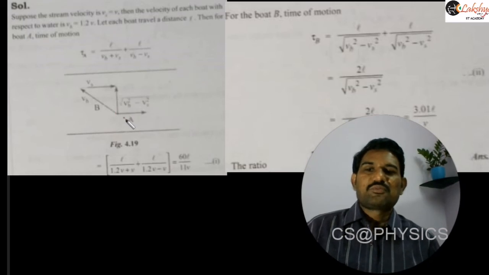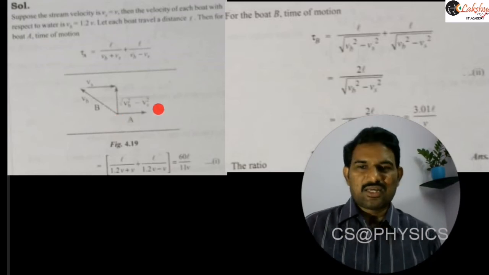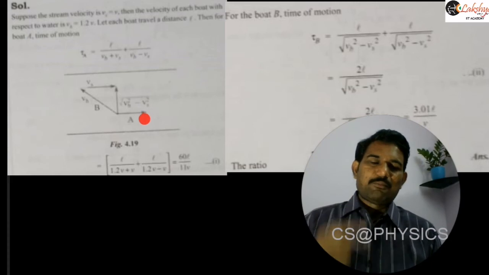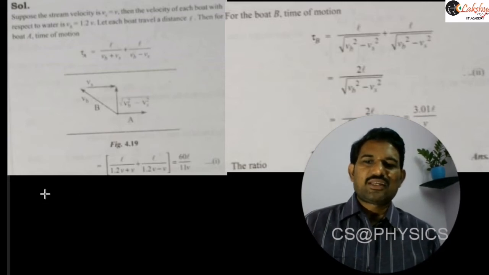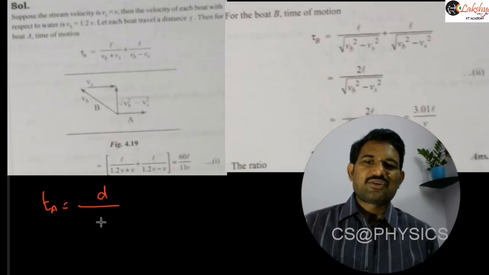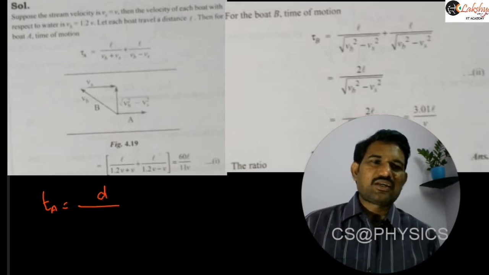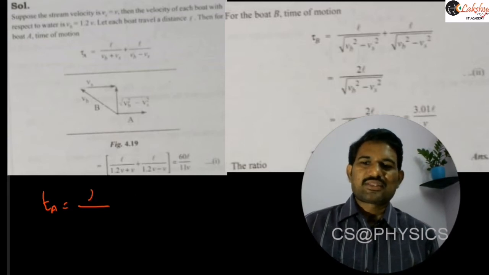So for this person A, which is traveling in the direction of the river flow, first it is traveling down the stream, and next it is traveling up the stream. So the total time taken by A, suppose it travels a distance, they are taking it as L. Let us take the same value here. So I can write this as L by, down the stream means the resultant velocity, v_BR plus v_R. We discussed already.